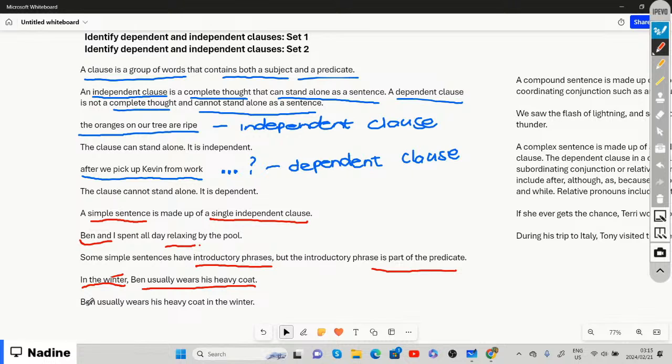Or we can say Ben usually wears his heavy coat in the winter. Whether we first use the introductory phrase or we just start with our subject, either way, both of those sentences are correct. It is a simple sentence, right? It has a single independent clause and it can stand on its own. It has both a subject as well as a predicate.